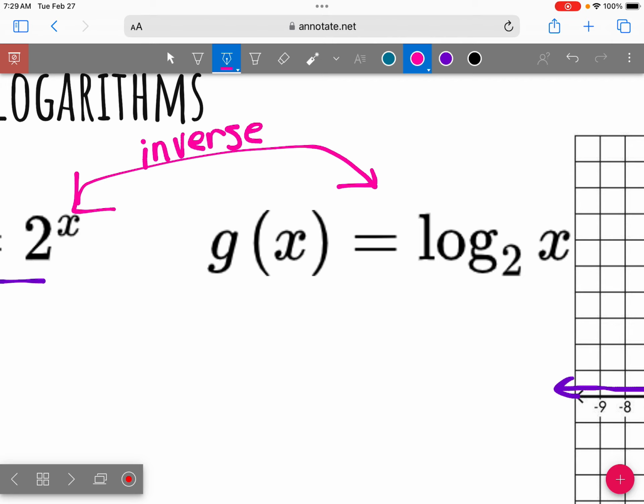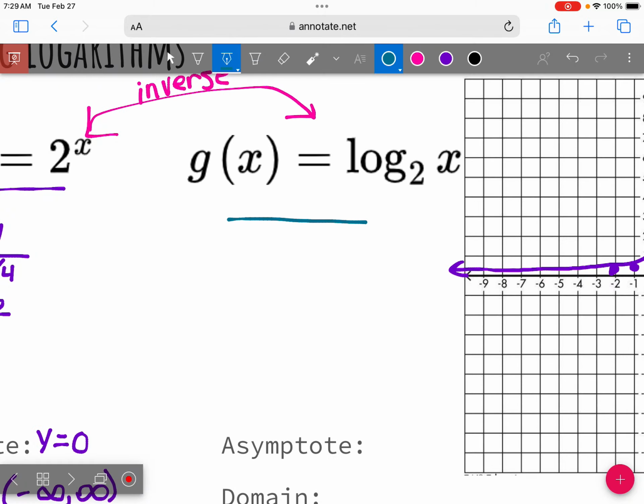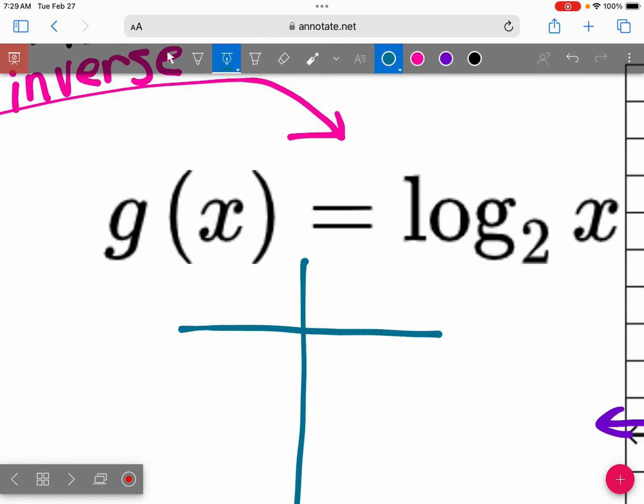When we make the table for g of x, we take the table from 2 to the x, and if it used to be in the x column, now it's going to be in the y column, and if it was in the y column, now it's going to be in the x column.